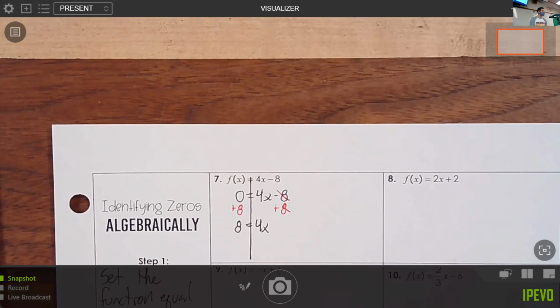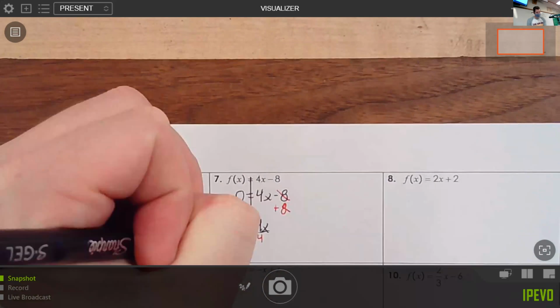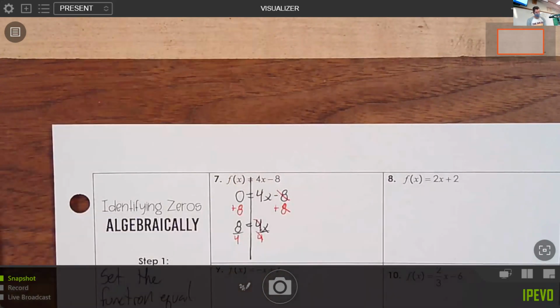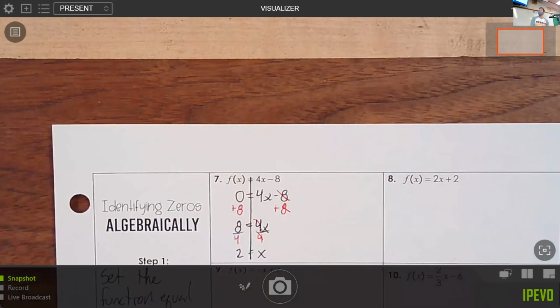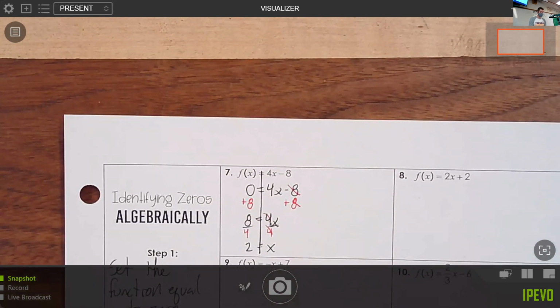What do we have to do here to get x by itself? Division. Yep, we're going to divide both sides by 4 because that's the number multiplying x. So the 4's cancel out, and x is equal to 8 divided by 4, which is 2. So x equals 2.